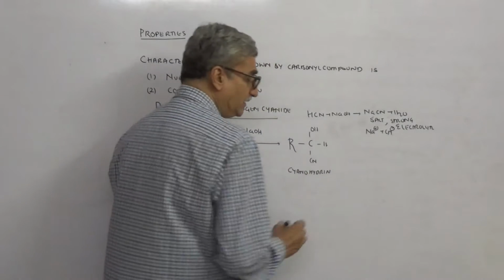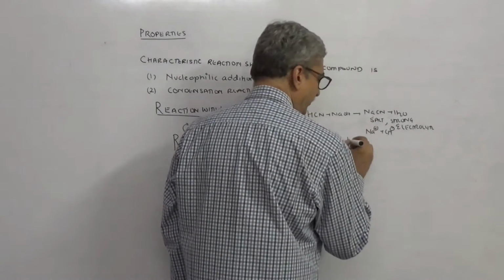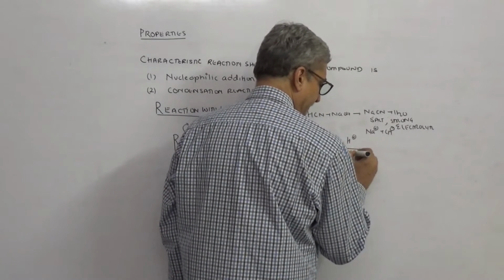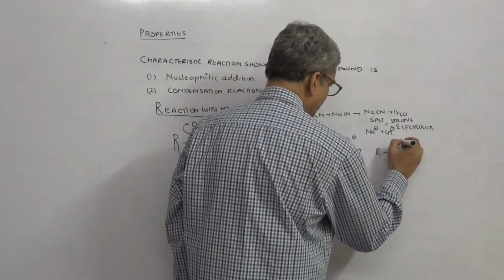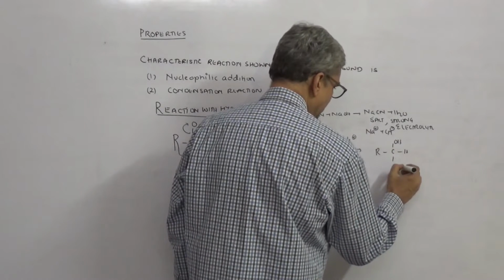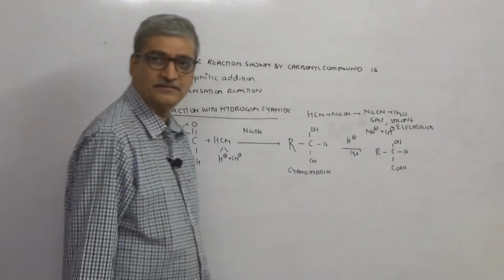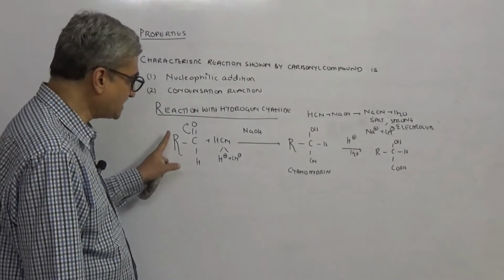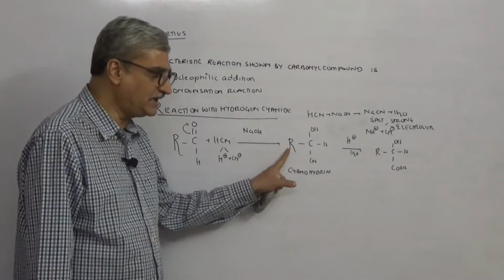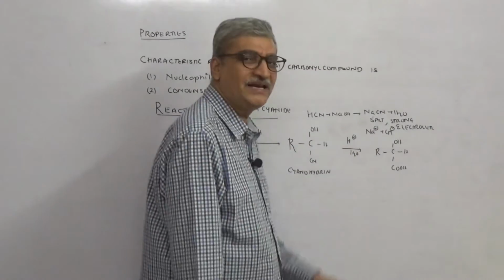Now this cyanohydrin, on hydrolysis, you will get R C O H, H, COOH. If this R is CH3, this was acetaldehyde, forming acetaldehyde cyanohydrin, and this will be lactic acid.